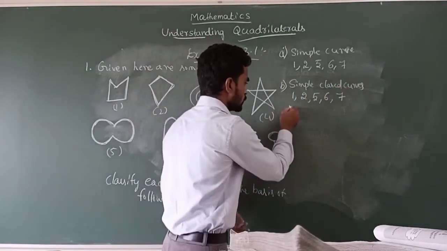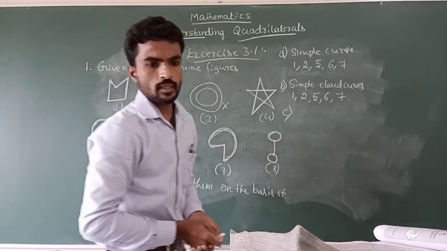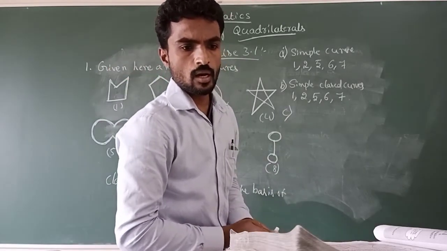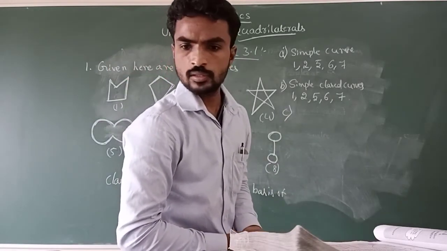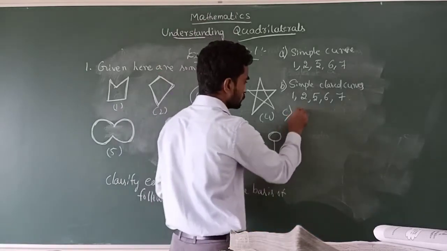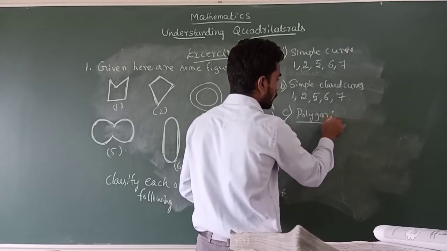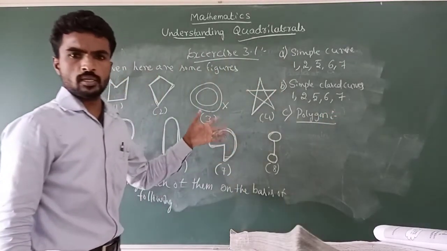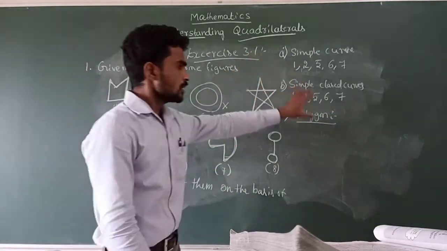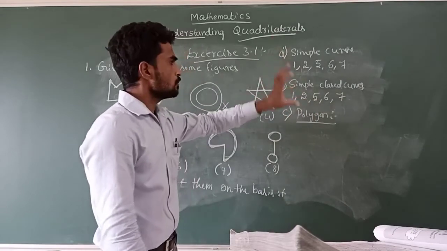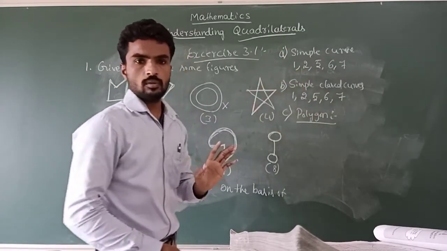Now going to some question C, they are given convex, option C, polygon. We already know what a polygon is. A polygon is a simple closed curve.